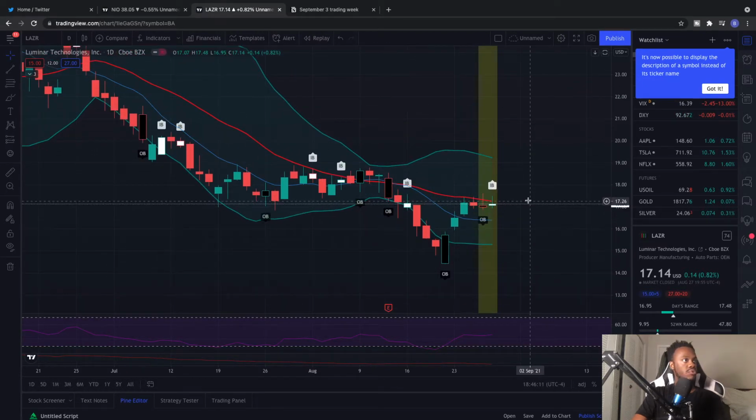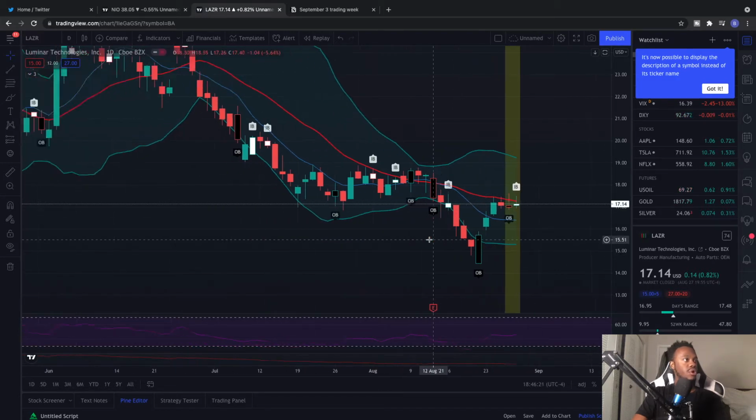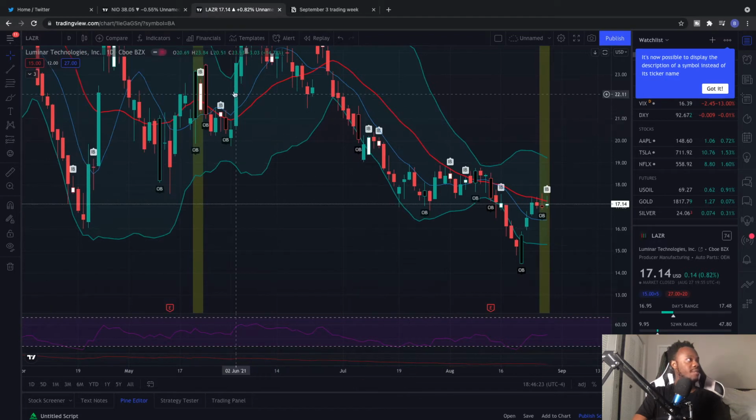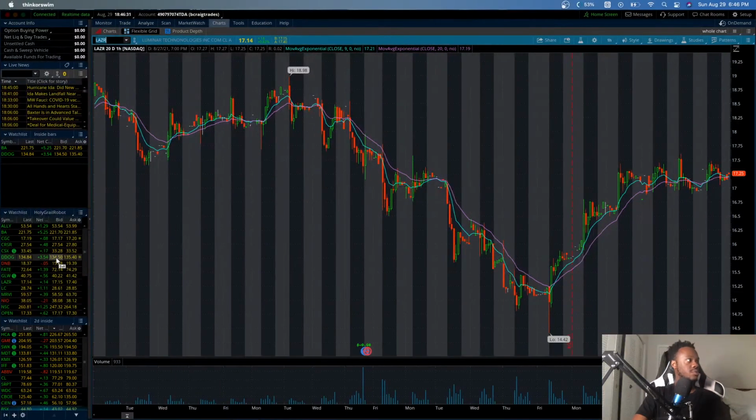It definitely has some room, so that's a possibility. I don't know if I really want to trade it. What I like to do also is zoom out and see the last time it had a Holy Grail setup, what it did. It's okay. So I'm going to leave that one off the watch list for now. I'm going to see what else I have on it. It's a good amount, guys. So I don't want to overcrowd myself.